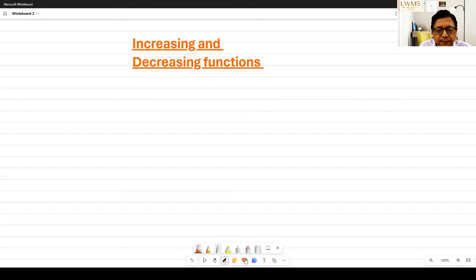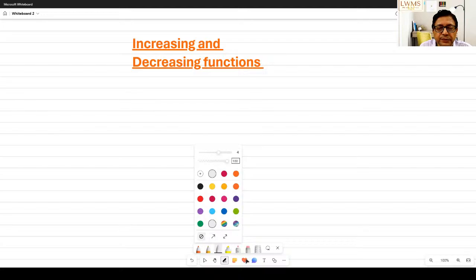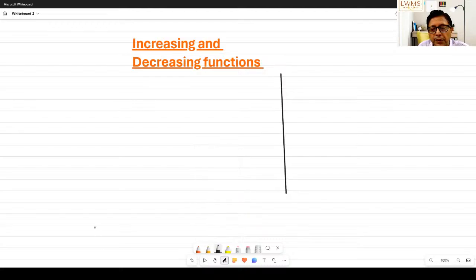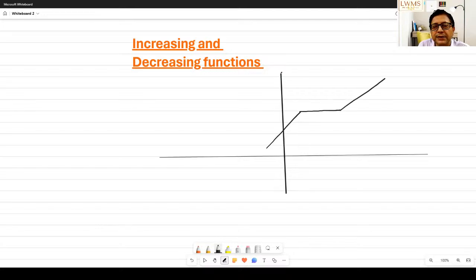For an increasing function, the value of x goes on increasing, and the value of y also goes on increasing. So if we draw the graph of a function like this, it's an increasing function.